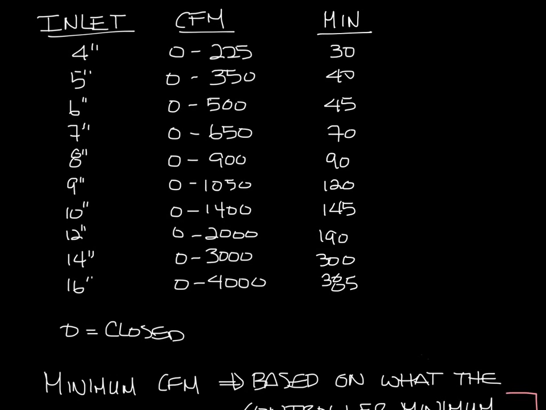Okay, so now let's move on to another minimum CFM that's important, which is the heating CFM, specifically for electric heat. Per UL, we have to have a thermal cutout and an airflow proving switch in boxes with electric heat.